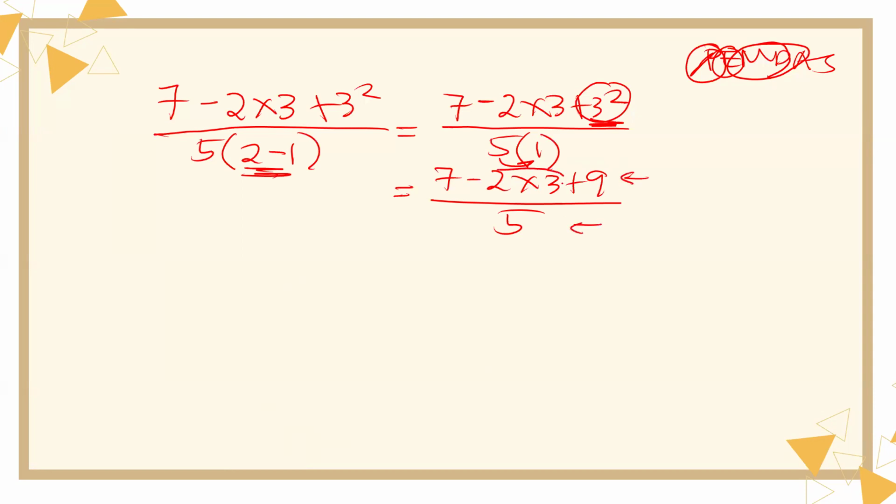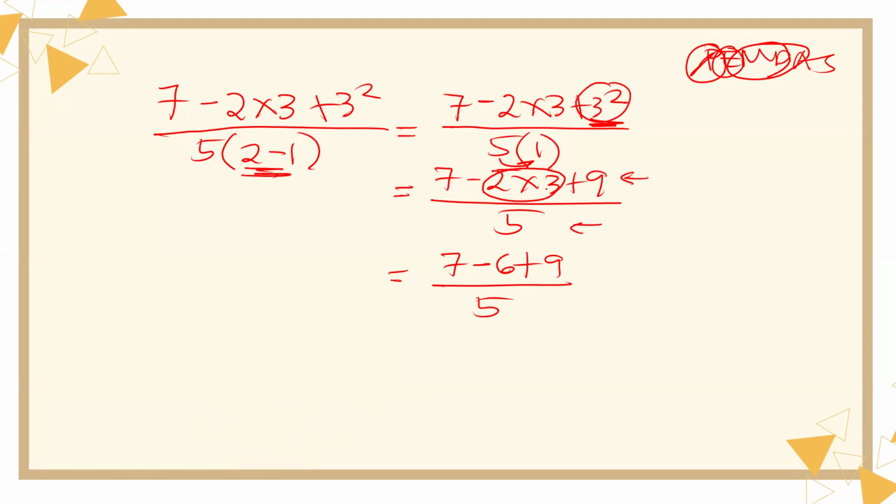So within the numerator, we have a multiplication operation. That's 2 times 3. That would be 7 minus, what's 2 times 3? Very good, 6 plus 9 all over 5. Okay? So we need to evaluate the numerator and denominator first before we divide the value of the numerator and denominator, right?